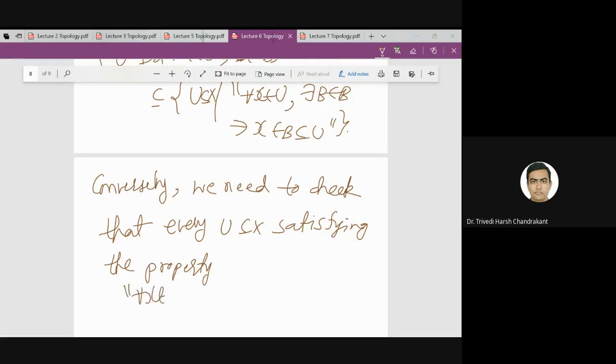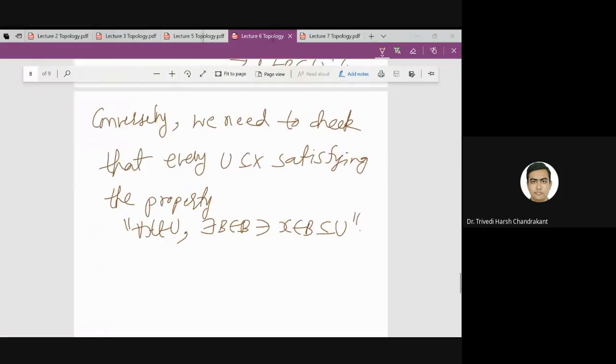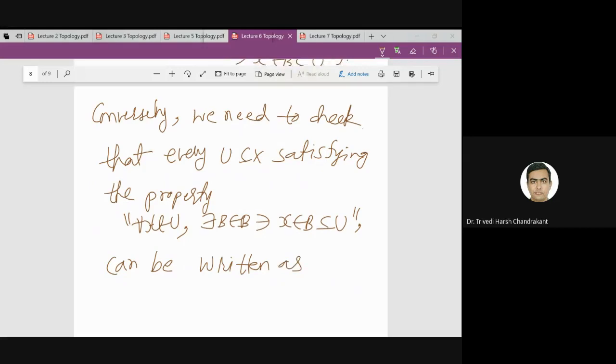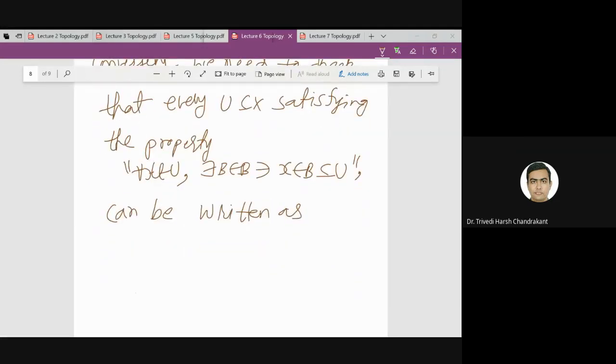For every x in U there exists b in B such that x belongs to b contained in U. So every such U satisfying this property can be written as, so this U should be of this form.